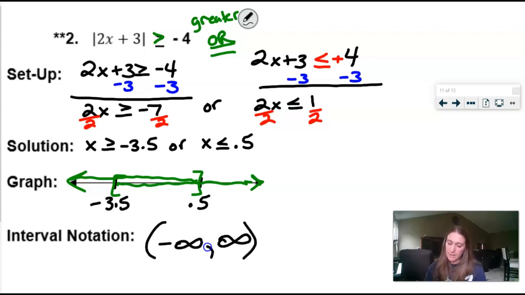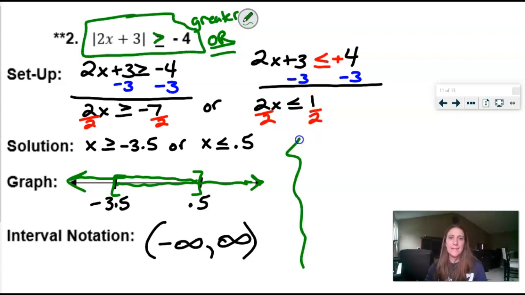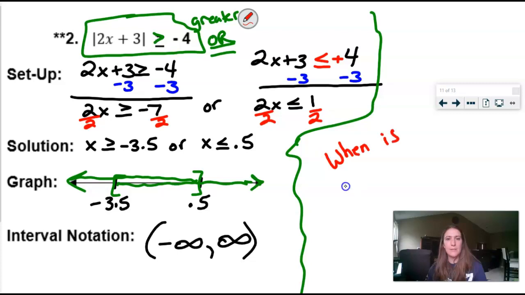All right, so here, let's back up all the way to the beginning of the problem. The question, just look at it. It's asking you way at the beginning of this problem, gosh, this slide's going to be ugly. It's saying, when is an absolute value bigger, because greater than or equal to would be bigger, than a negative?